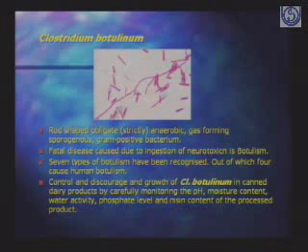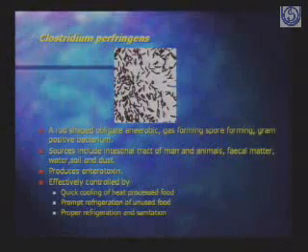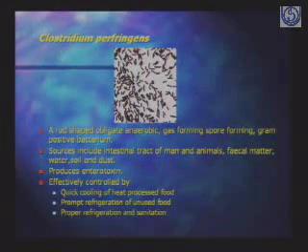Clostridium botulinum, a very well-known pathogen. Although it is rarely found, the lethality is so high that it is well recorded in the literature. Then we have Clostridium perfringens. This is also an anaerobic spore former which leads to gastroenteritis, and we can easily control this bacteria by quick cooling of heat processed foods.